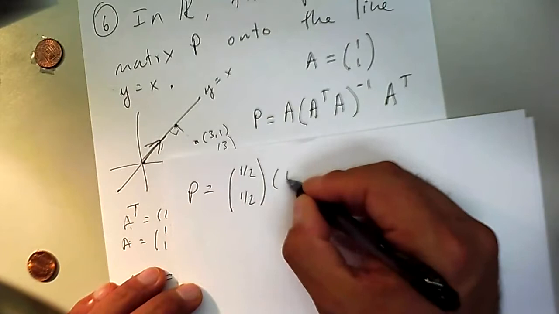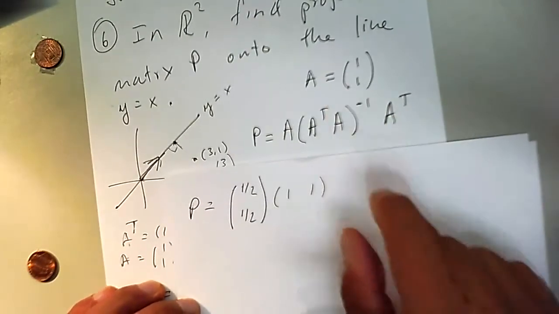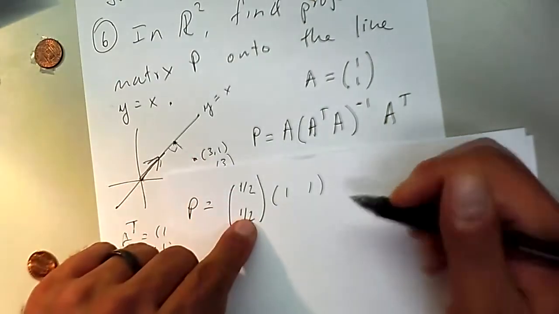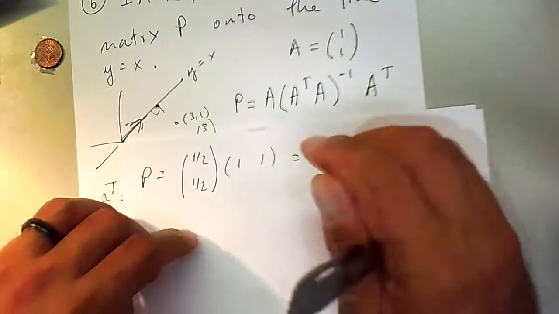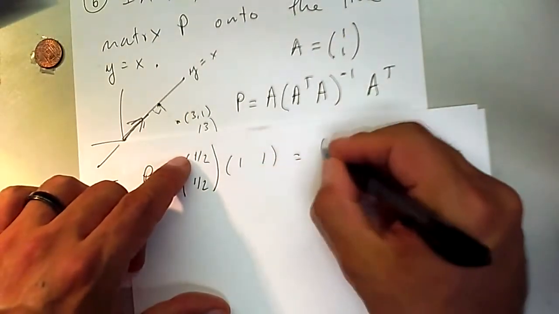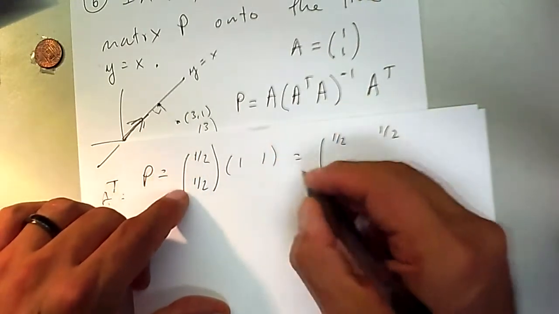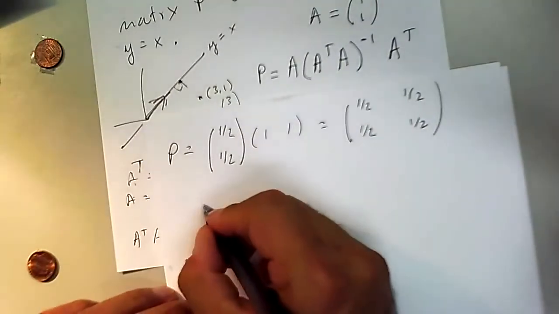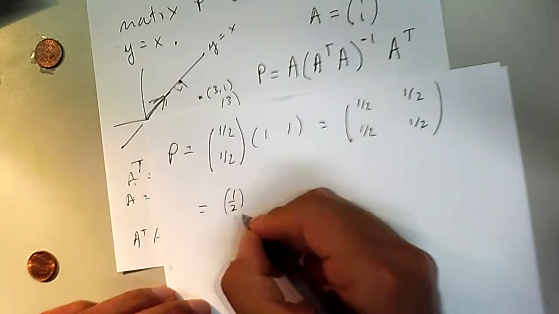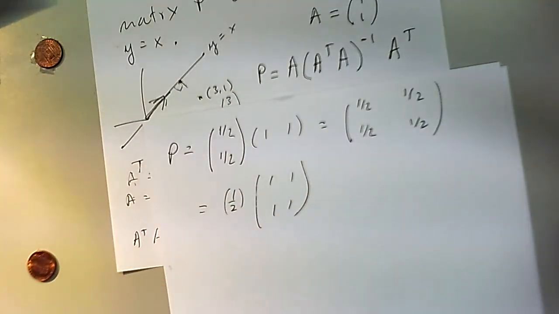And then times the matrix 1, 1, the transpose of this matrix. Okay, this is 2 by 1, this is 1 by 2, so we're gonna end up with a 2 by 2 matrix. So 1/2, 1/2, boy, it's just 1/2 everywhere. 1/2 and 1/2. Or the other way to put it, factor out the scalar 1/2, and then we have 1, 1, 1, 1. Okay, so that is our projection matrix.